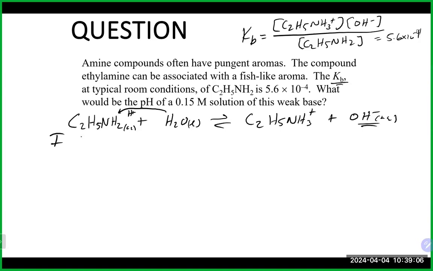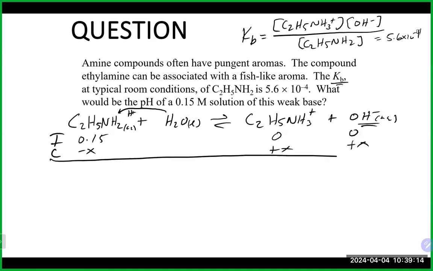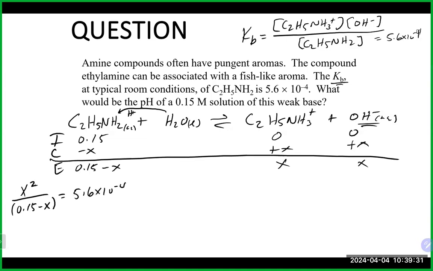Initially here, 0.15, 0, 0, change minus x, plus x, and that means at equilibrium here, 0.15 minus x, x, and x. We're going to go into our Kb, gives us x squared divided by 0.15 minus x is equal to 5.6 times 10 to the minus 4.